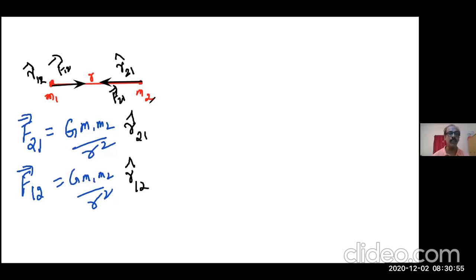Now look at 2. 2 moves towards 1, so you mark unit vector R2,1. Second one, force acting on M1 by M2. That means F12. Then mark this.